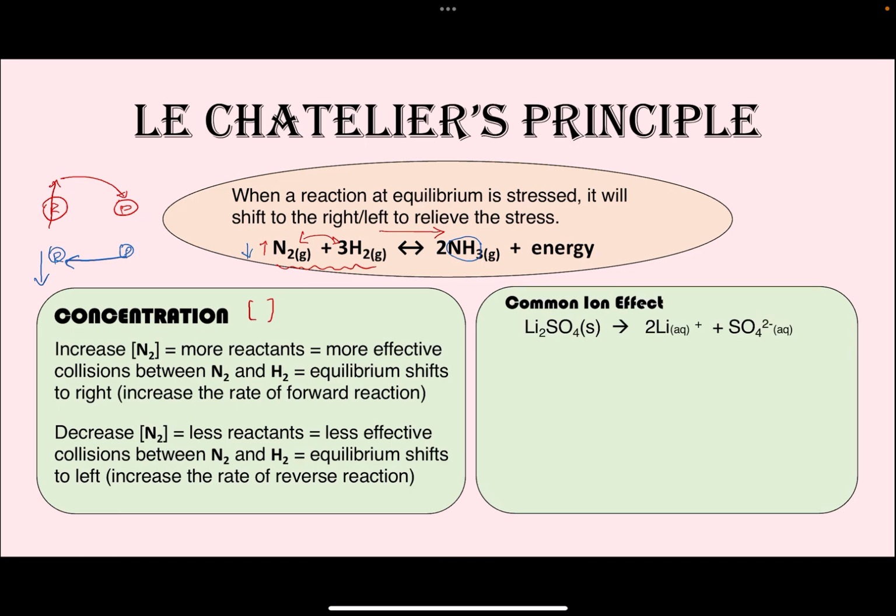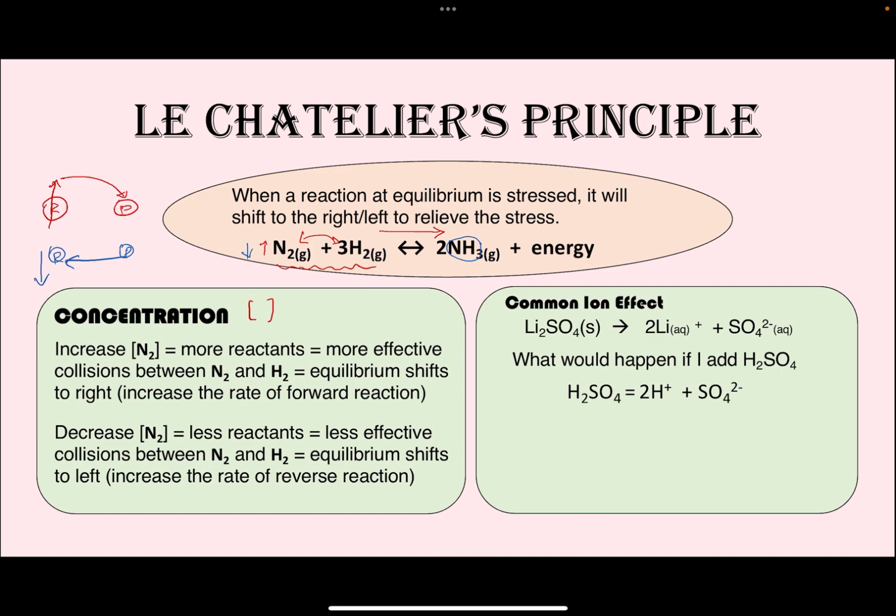Okay, so there's something called the common ion effect, which basically has to do with adding something to our solution that is only going to increase the concentration of a specific ion in our solution. For example, we are looking at this reaction right here where lithium sulfate is breaking down into lithium and sulfate. So what would happen if we add H2SO4, which is sulfuric acid?